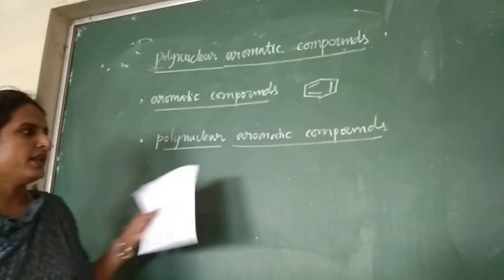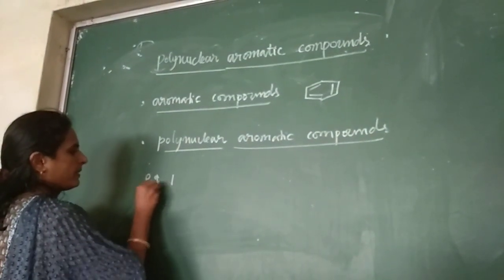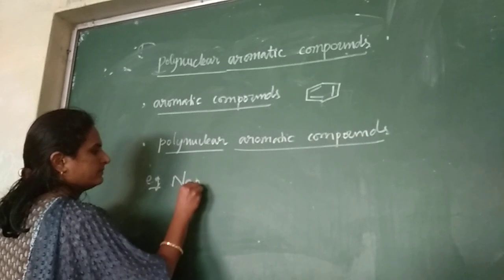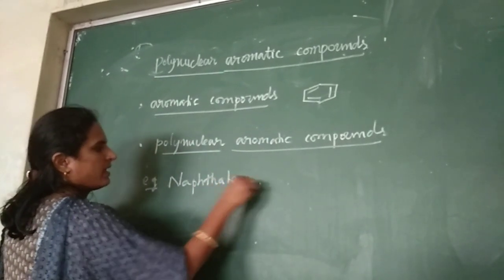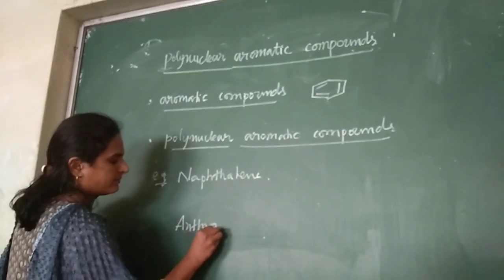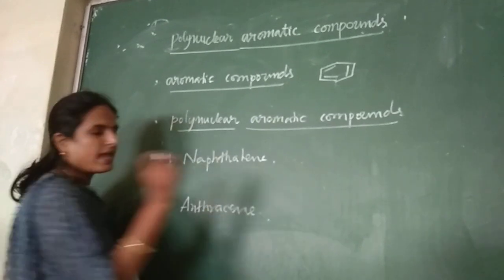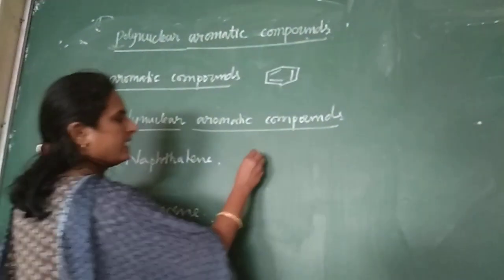Examples for polynuclear aromatic compounds are naphthalene, anthracene, etc. The structure of naphthalene is like this.